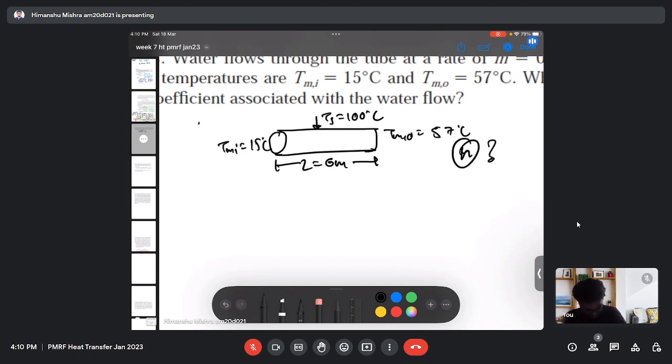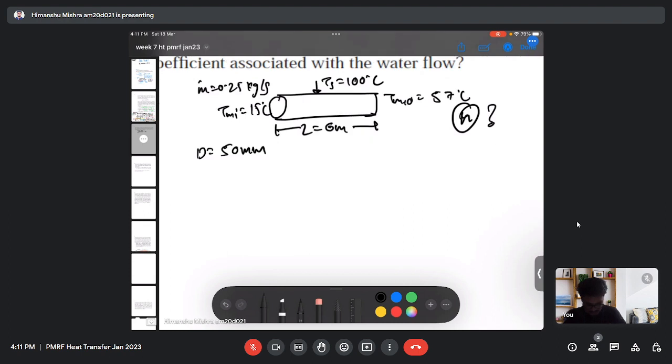We are given the mass flow rate as 0.25 kg per second and the diameter is 50 mm. So we will be using the energy balance here.